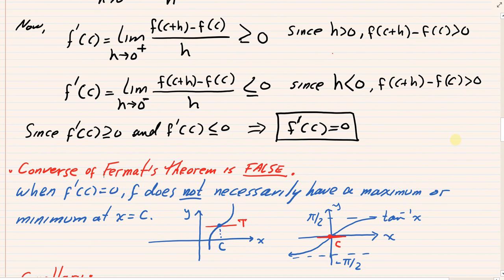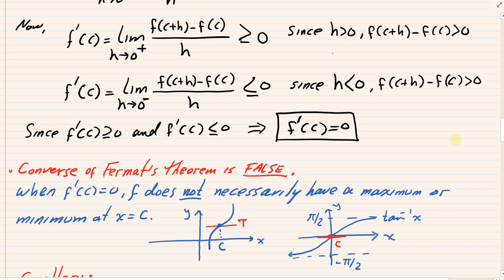Let's say f prime at c equals 0, then f doesn't necessarily have a max or minimum. Remember, if it has a max or minimum, f prime at c must be 0 or doesn't exist. So if f prime at c is 0, the function doesn't necessarily need to have a max or a minimum.